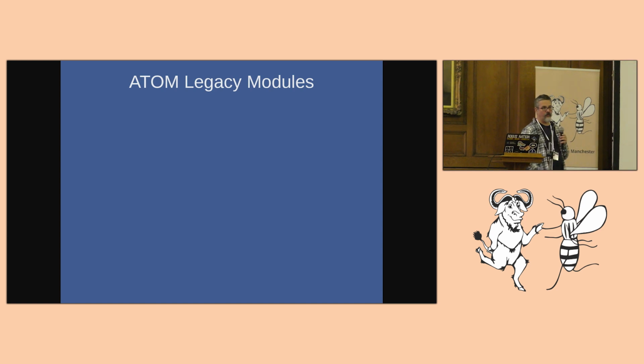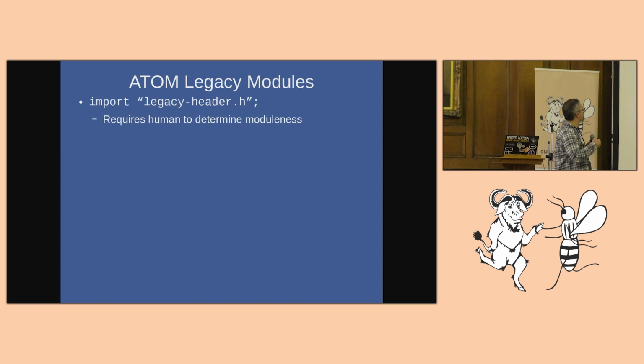I realised I had one more case that's actually quite interesting to look at, because it turns out to be, I think, probably more complicated. When I import a legacy header, it requires some human to have gone, yeah, that's a legacy header. We know how to build it, right? But when I'm compiling this legacy header as a header file, as a legacy module, it's just going to be regular hash includes inside it.